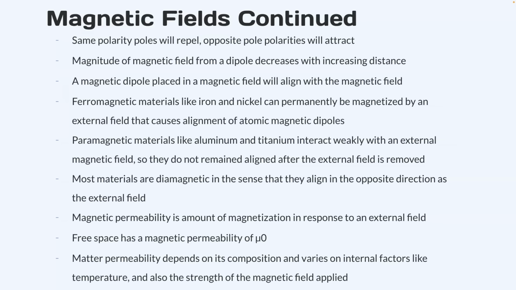But most materials tend to be diamagnetic, so that means they align in the opposite direction of the magnetic field. Magnetic permeability is the amount of magnetization in response to an external field. Note that free space has a magnetic permeability of mu0. Matter permeability depends on its composition and varies with internal factors like temperature and also the strength of the field applied.